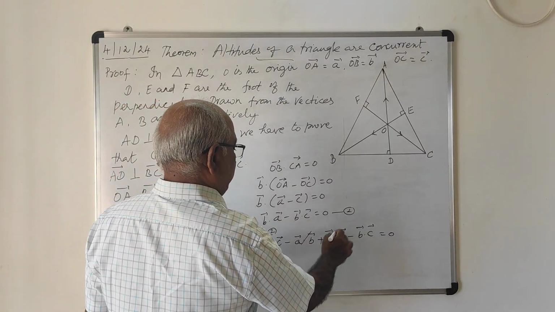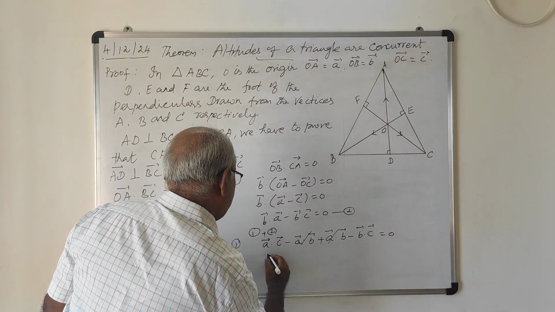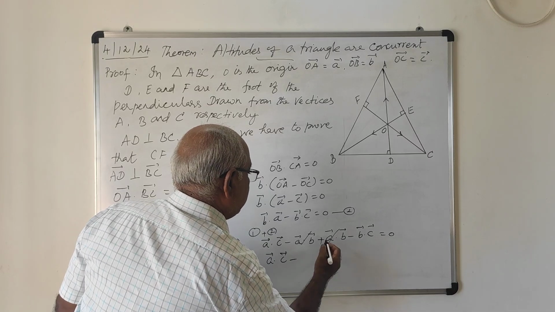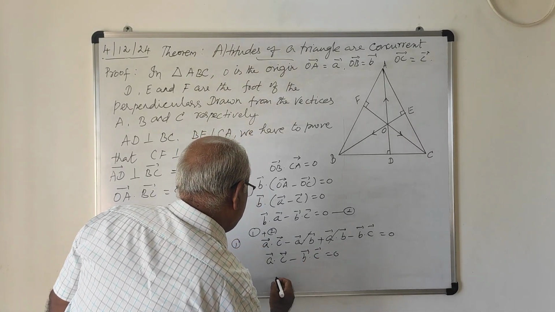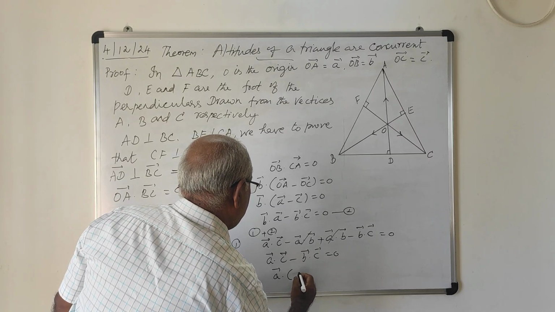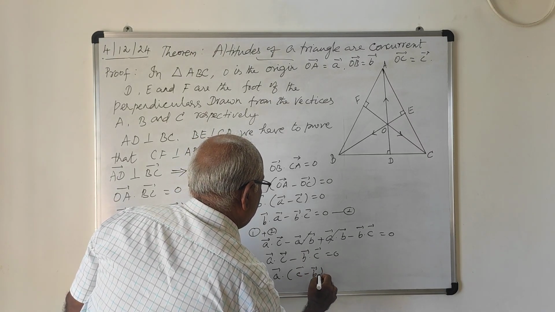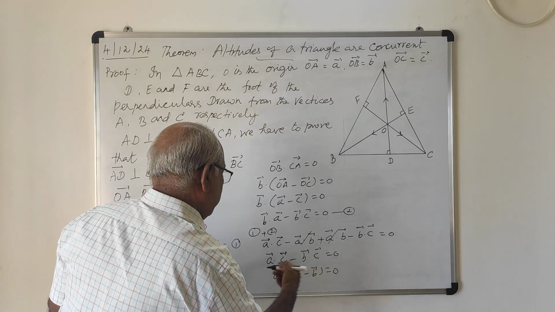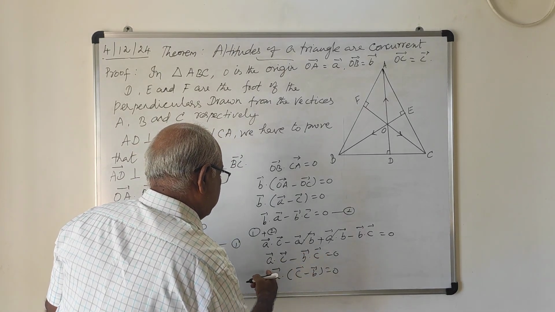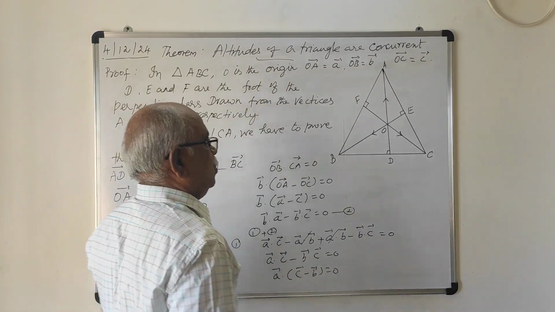A dot B minus A dot B cancel, and you will get A dot C minus B dot C equal to 0.